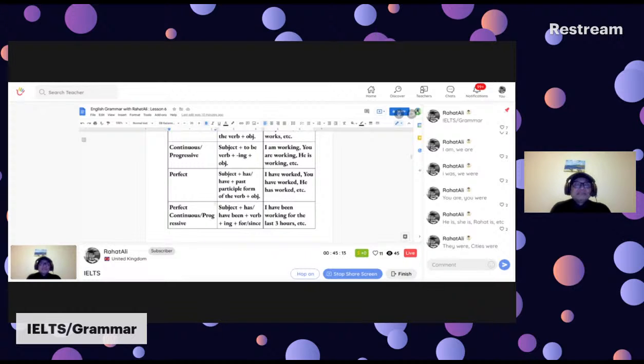Now, if you remember, in present perfect, we have to use the past participle form of the verb. Each verb has three forms: present tense, past tense, and past participle. So if you're not sure what the past participle form or past tense of a verb is, we have to learn it from a standard grammar book.